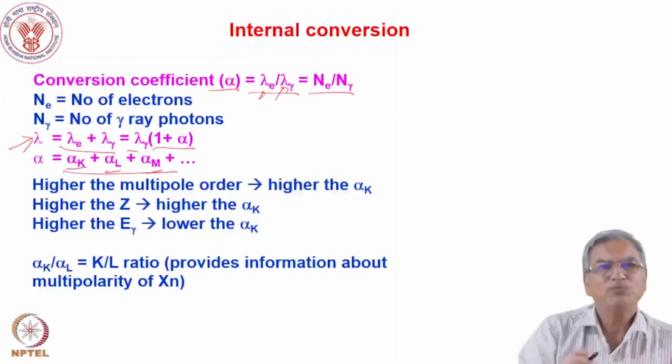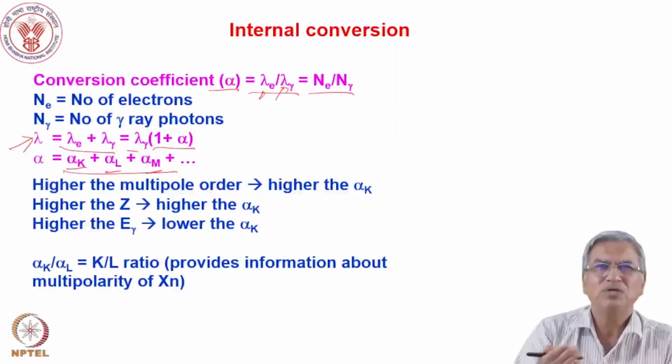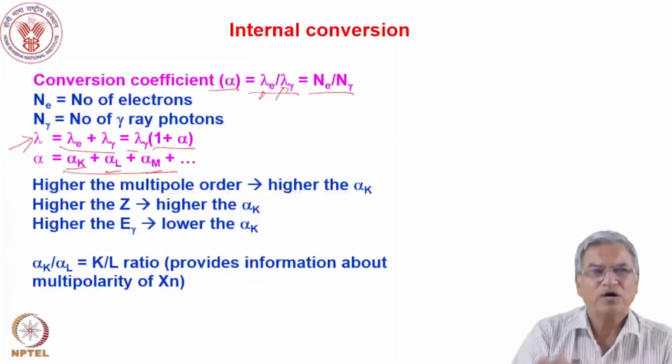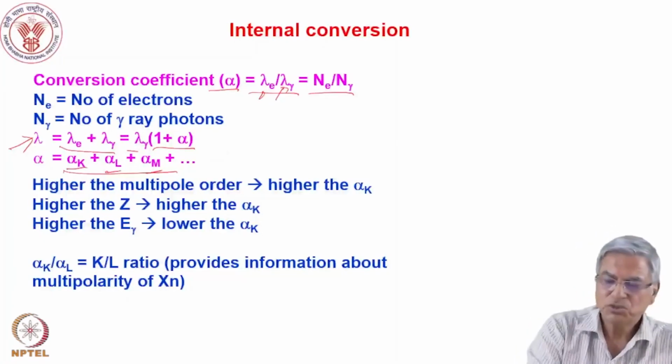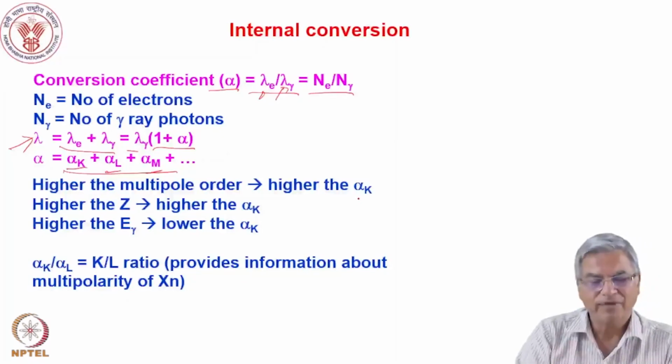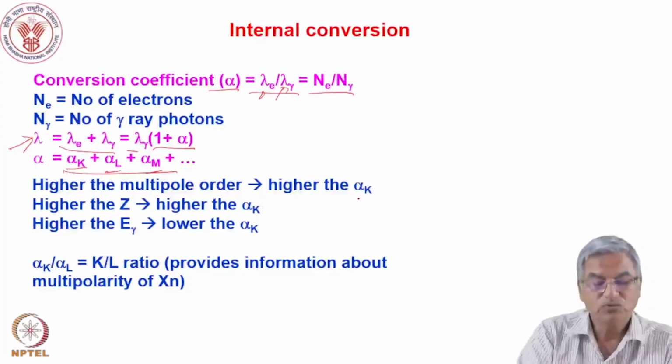The higher the multipole order, the higher the alpha K. For lower multipole value, gamma ray decay is more probable. For higher multipole value, conversion is more. And this is true for alpha L, alpha M also. Similarly, with regard to Z, if the Z of the nucleus is high, then the conversion coefficient is high.